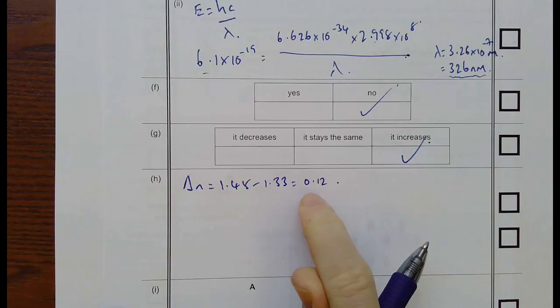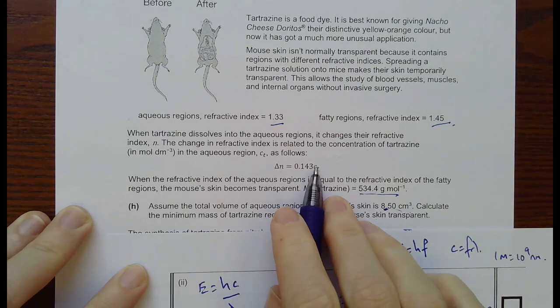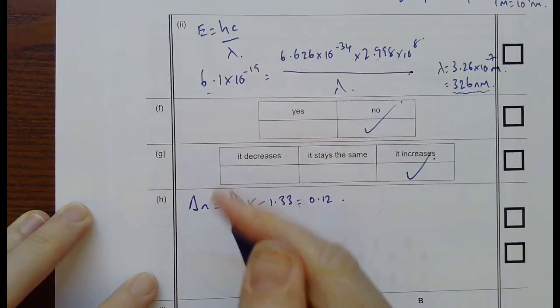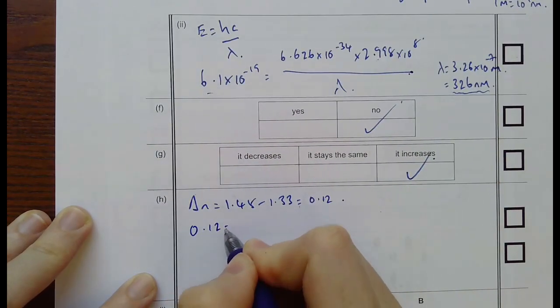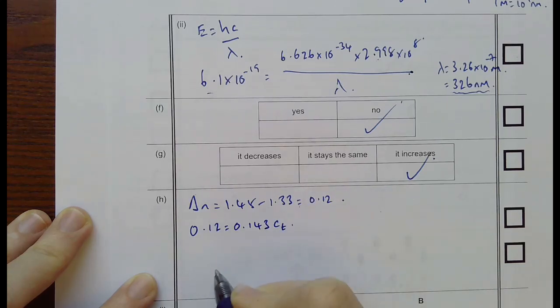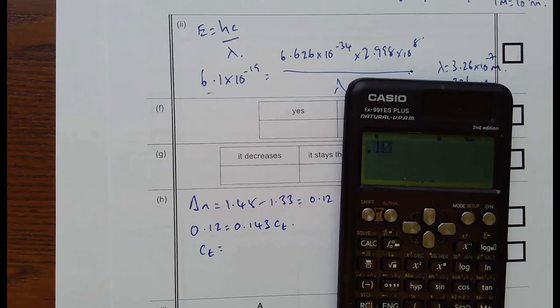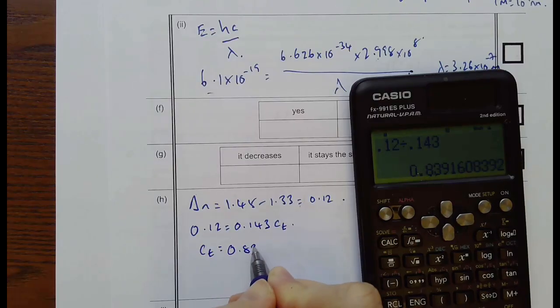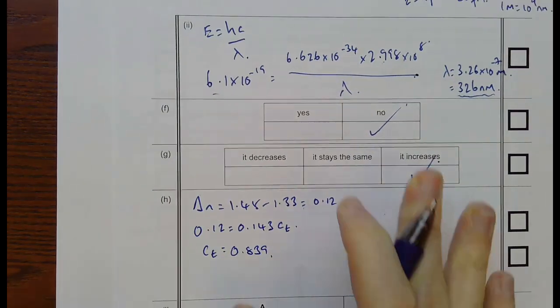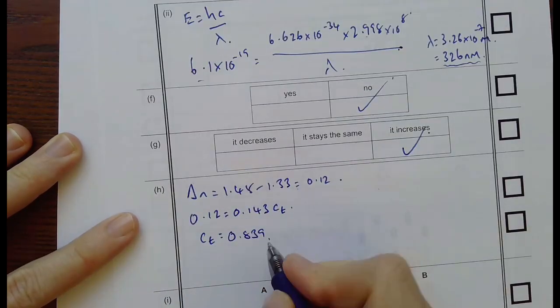So that's the refractive index change that we need to get, and that is then related to the concentration of the tartrazine by this equation. So I can write in here 0.12 equals 0.143 CT, and I can calculate CT is equal to 0.12 divided by 0.143, which is 0.839. The units I am told are moles per decimeter cubed.